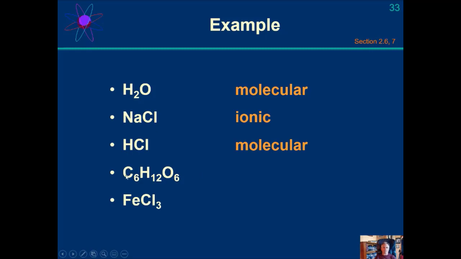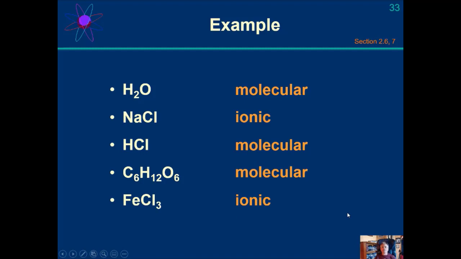This is a compound made of carbon, a nonmetal, hydrogen, a nonmetal, oxygen, a nonmetal, so this would be a molecular compound. This is iron, which is combined with a nonmetal, chlorine. You know that iron's a metal and a nonmetal form an ionic compound. We actually call this iron 3 chloride.